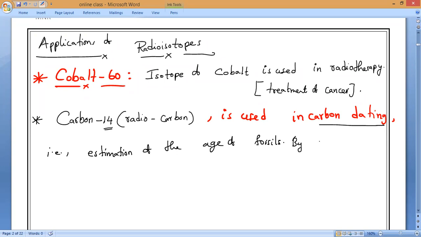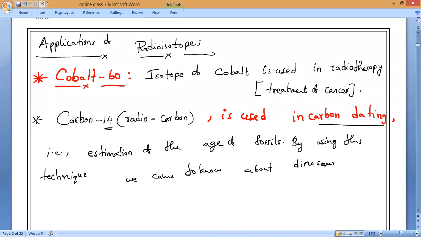By using this technique, we came to know about dinosaurs and fossils of the ancient period. Okay, that is what it is.